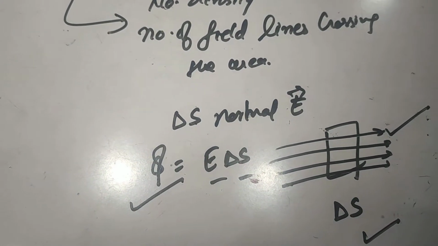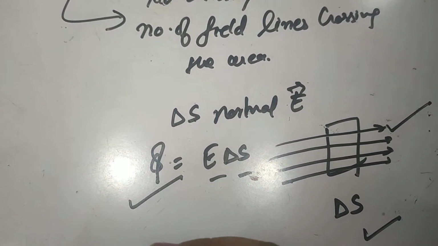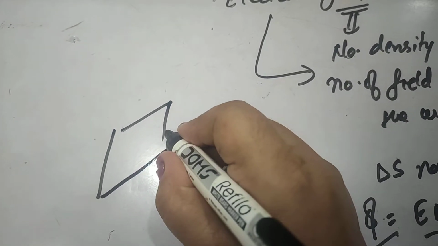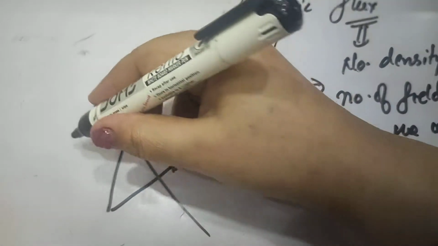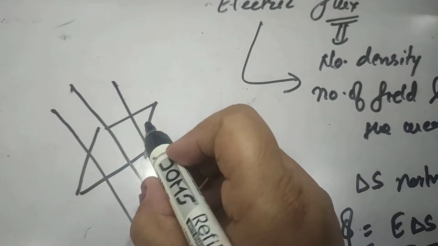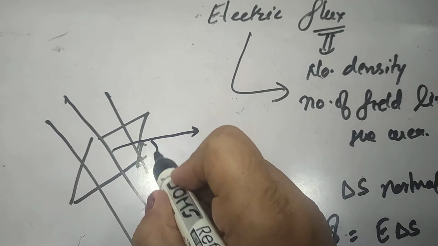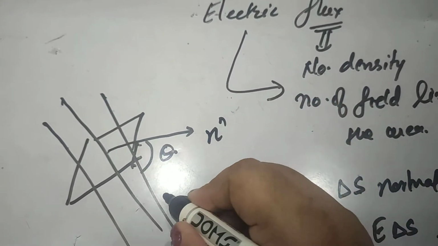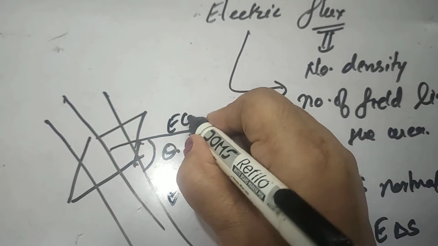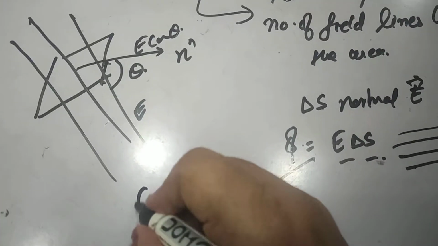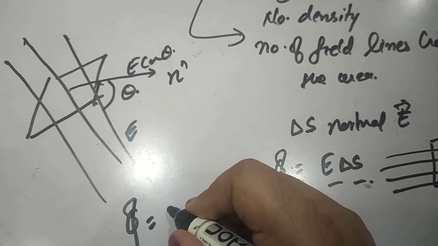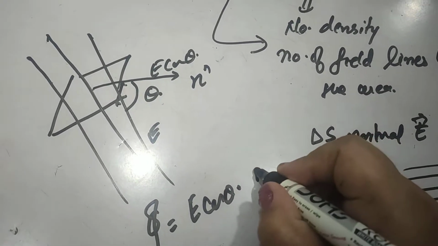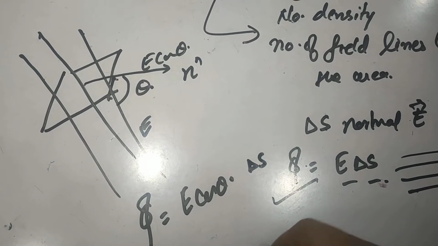And more conveniently, if we talk about the angle, let us consider the area is such that field lines are making an angle theta with the normal to the vector, right? So in that case, E is having component E cos theta, and more conveniently we can represent flux phi equal to E cos theta into delta S, right?